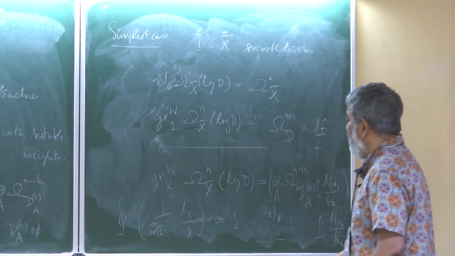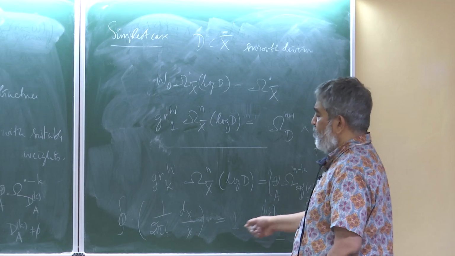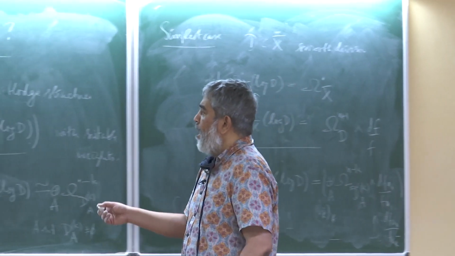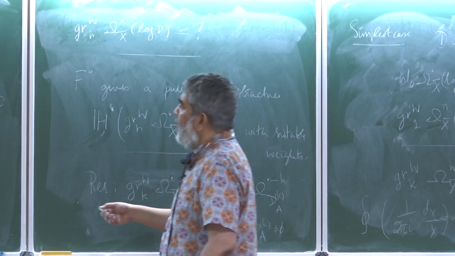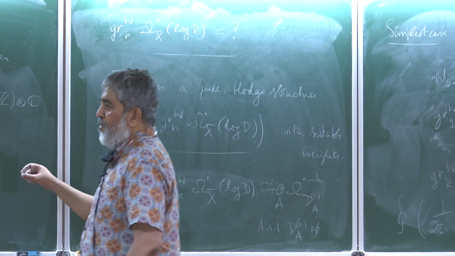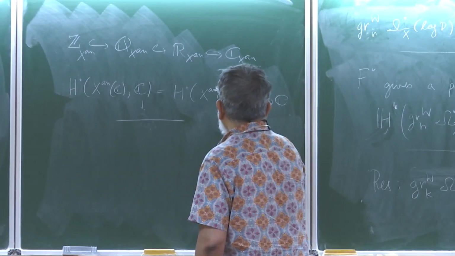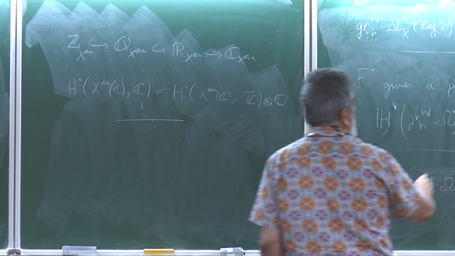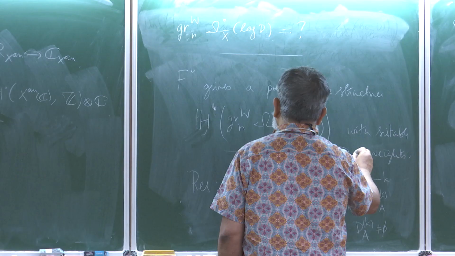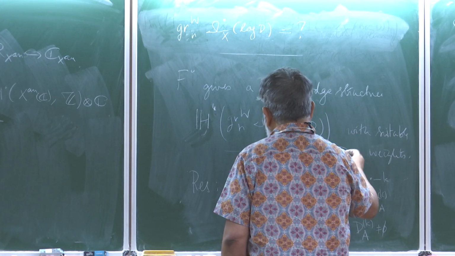So not only do you have to do this, but you have to put in that 2 pi i factor, and those 2 pi i to the power k's are kept track of by saying that you are going to twist your cohomology by R(p), or R minus p, or in this case Z(p).